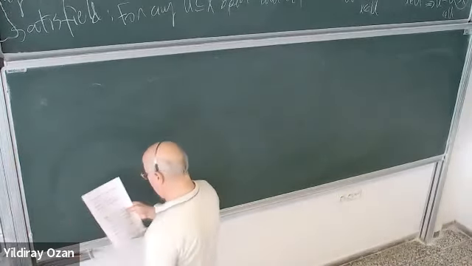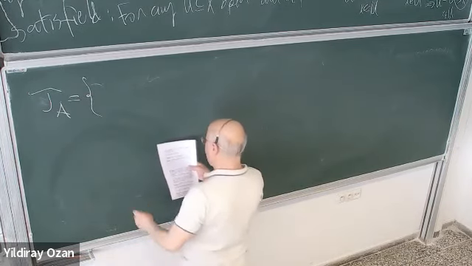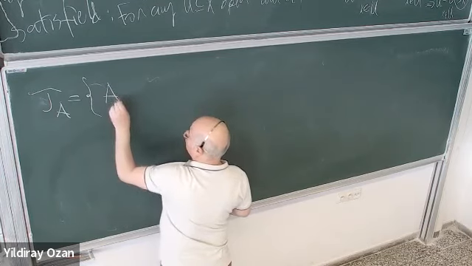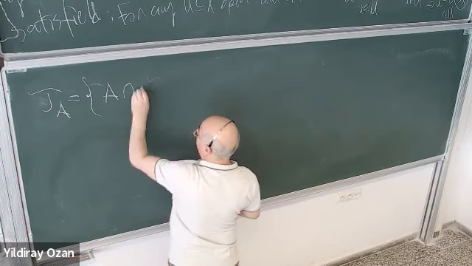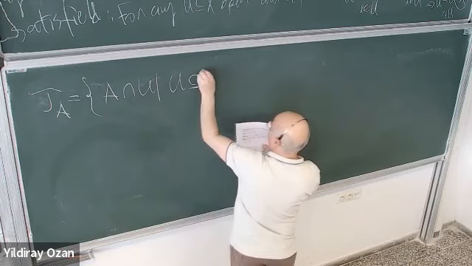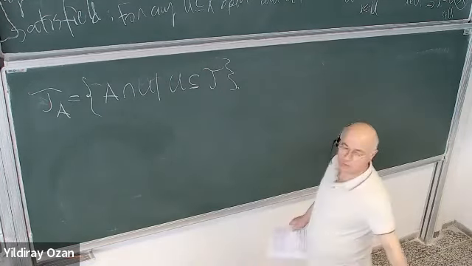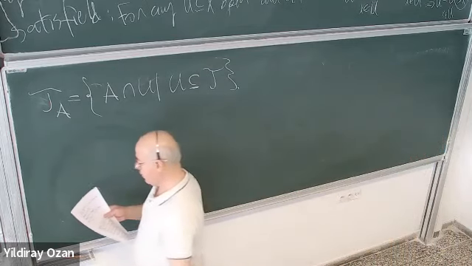Tau A is the following topology. So I have to tell you what the open sets of this topology are. They are the following. You just take the intersection of A with all the open sets of your topology on X, okay? You just intersect the open sets of the bigger space with your subspace, okay? With your subset.